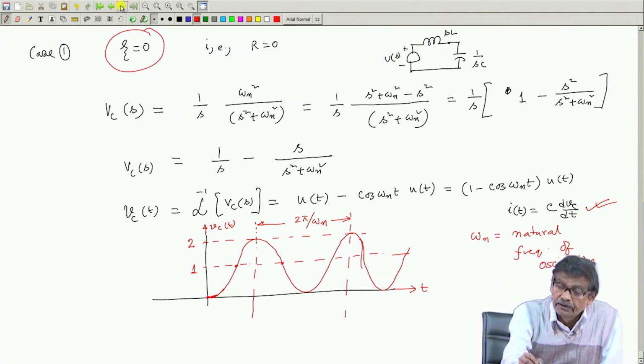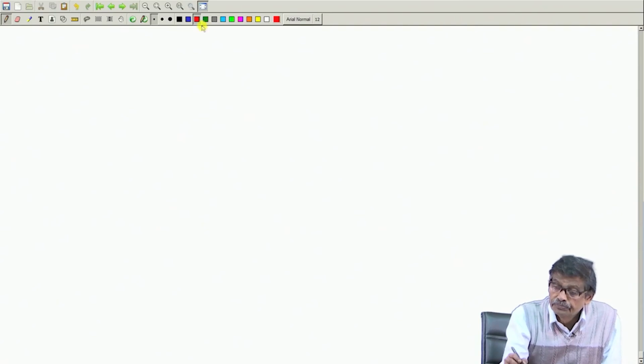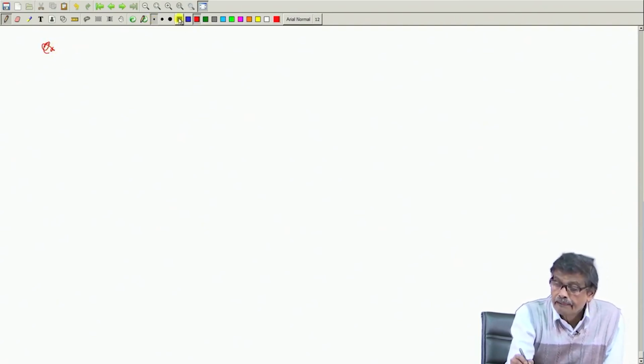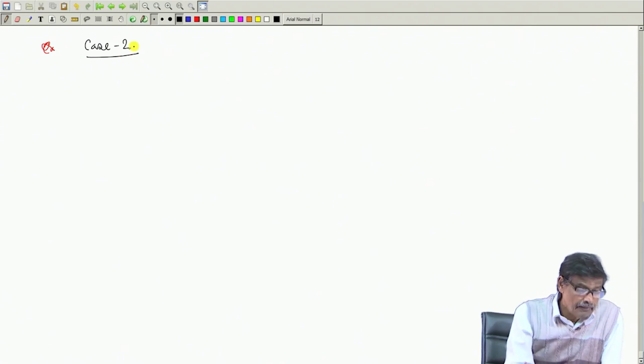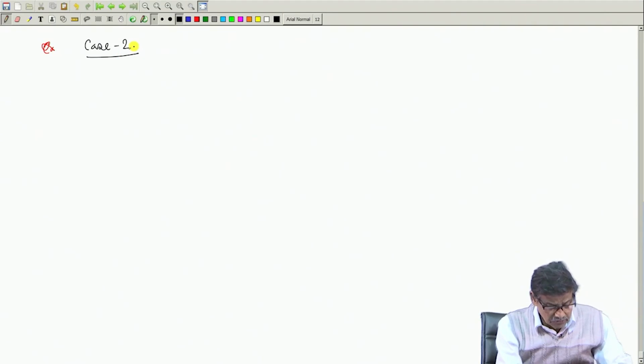Now, the second part, case 2, let us take case 2. Suppose zeta equal to 1, I take.